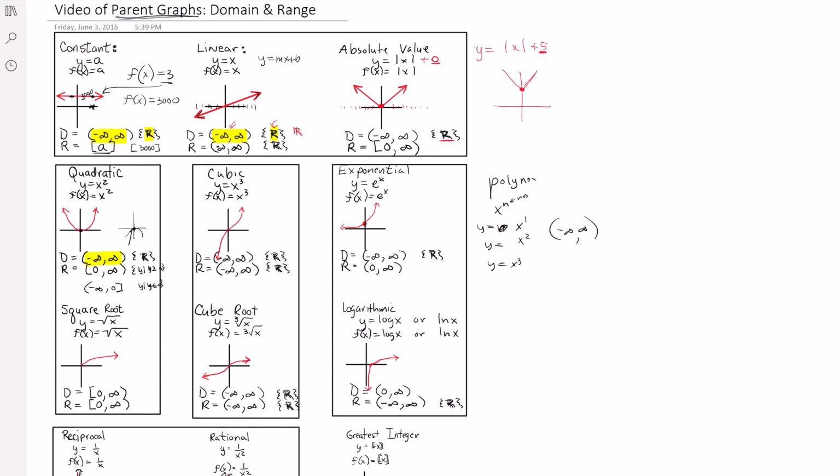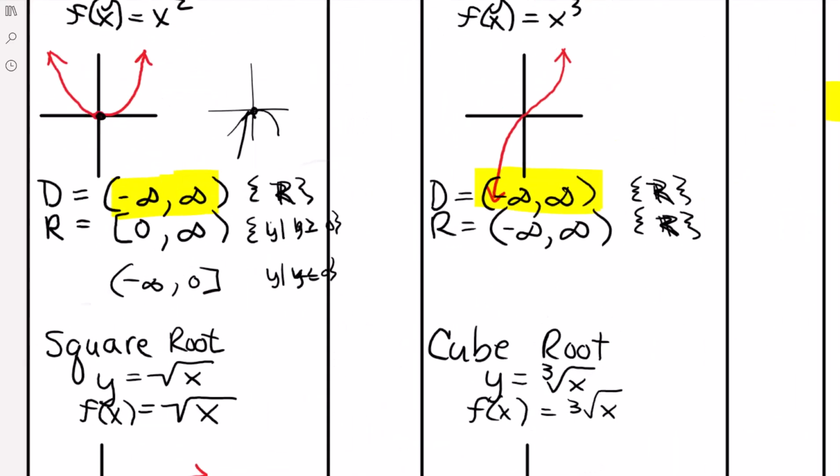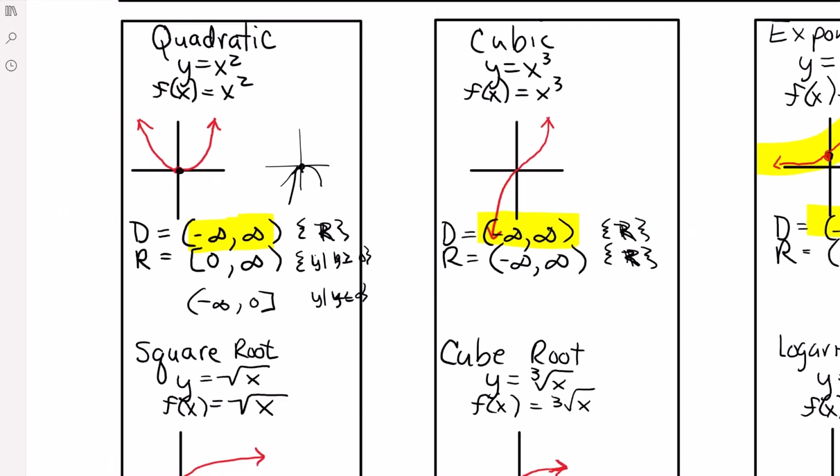So notice for the cubic, for the exponential graph, same thing, because you can put any value into that exponent, any value of x, and it'll show up on the graph. For a quadratic, the range will be whatever the y value in the minima or maxima will be, and that will be what the range is.